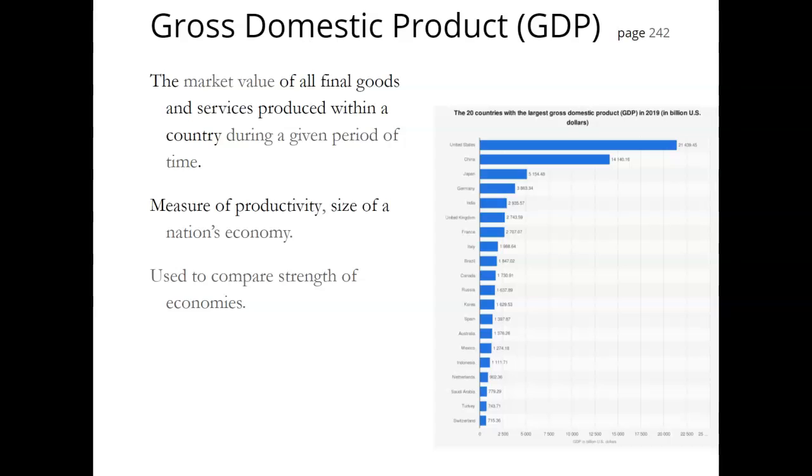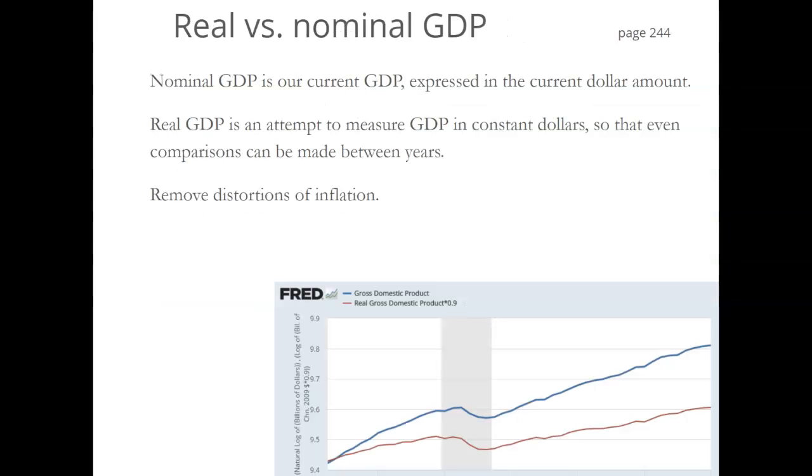So if you look at this chart here, we can see that the United States, and this is from 2019, by quite a large margin, has the largest economy in the world, followed by China, and then followed by Japan, Germany, and India. Now, if we divide that out by population, it will look somewhat different. And in fact, the United States economy will look even larger compared to China because of China's large population.